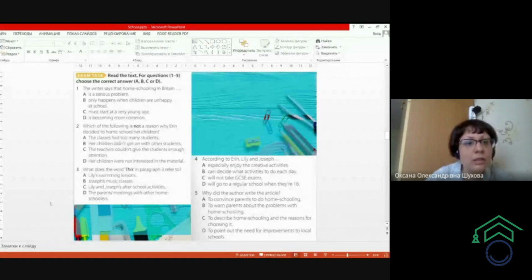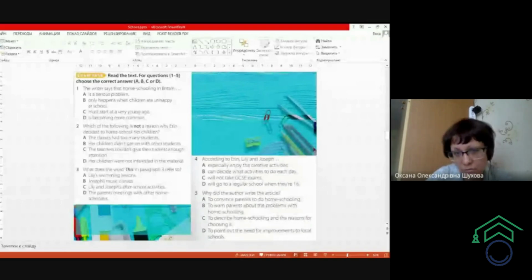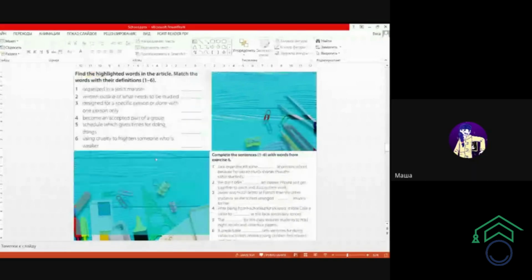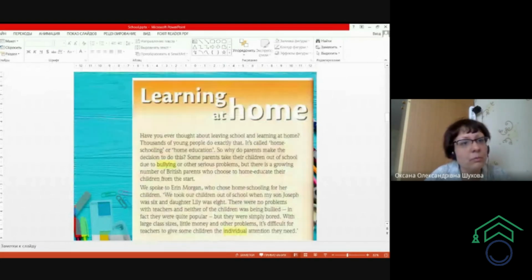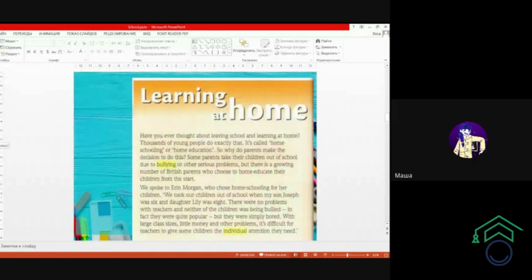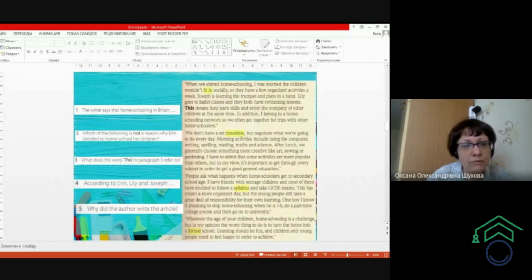Добре, ми переходимо з вами до наступного завдання. Воно стосується тексту, який ми щойно з вами прочитали. Ось, ми не звертали увагу. Ось подивіться, бачите, жовтим виділено певні слова. Ось вони, продивіться їх, будь ласка.